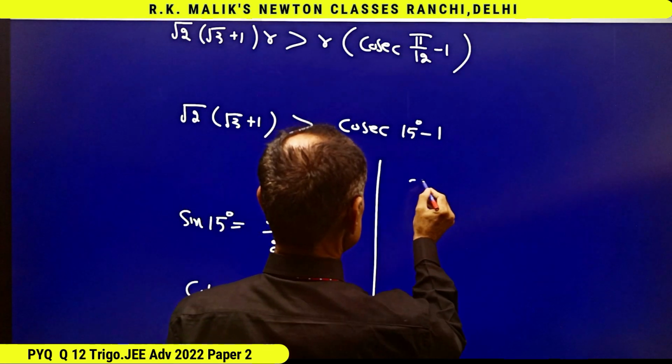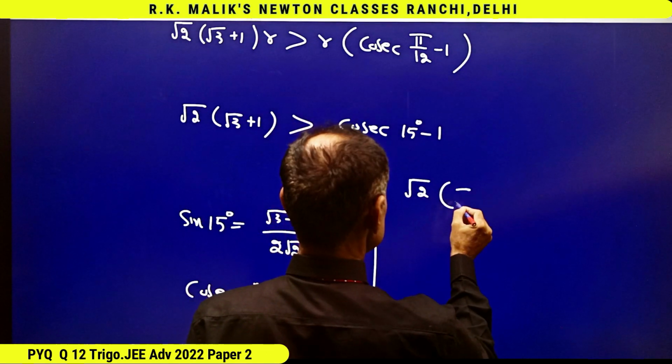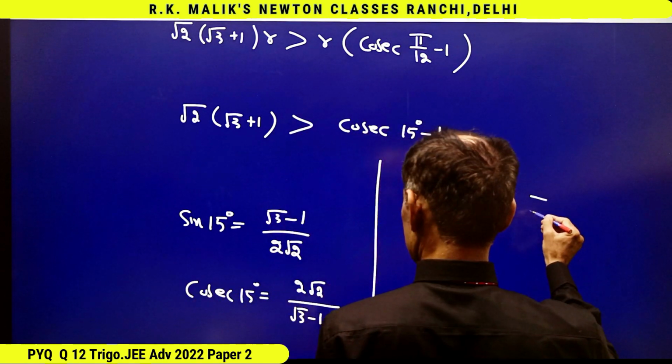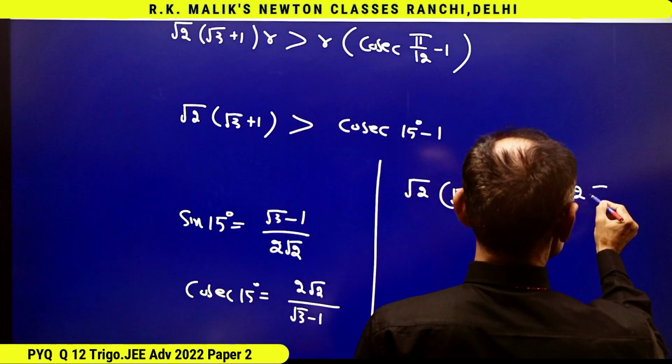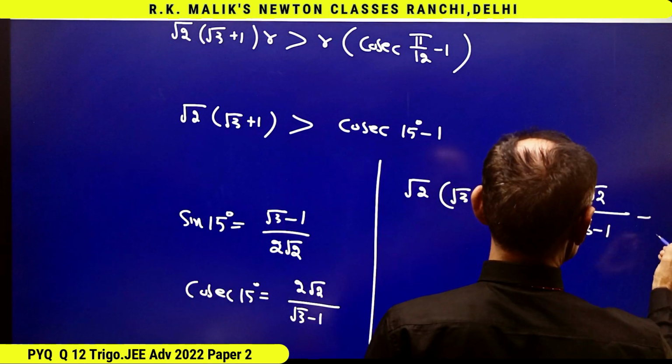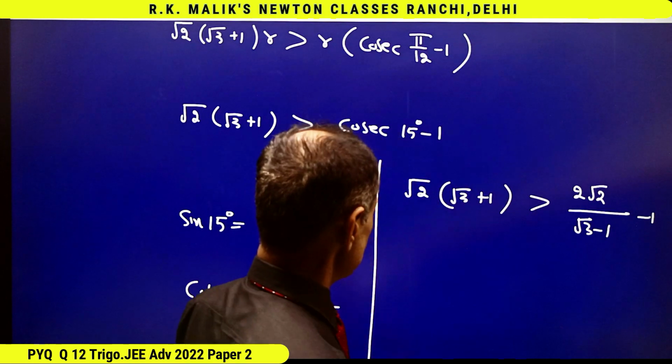And now to check this, we have to check root 2 into root 3 plus 1 is greater than 2 root 2 upon root 3 minus 1.